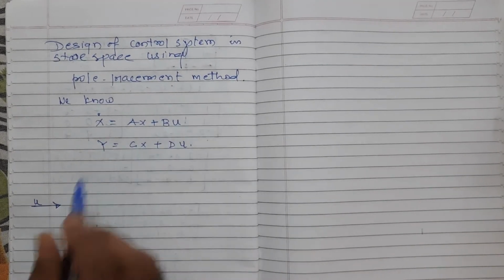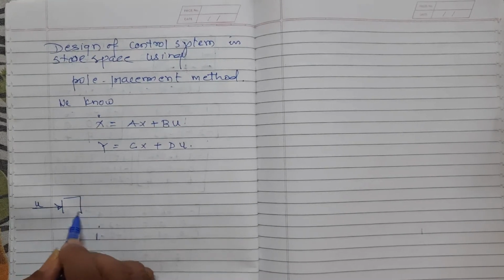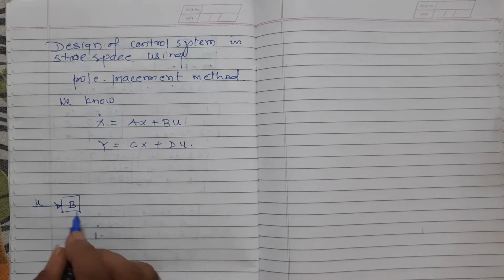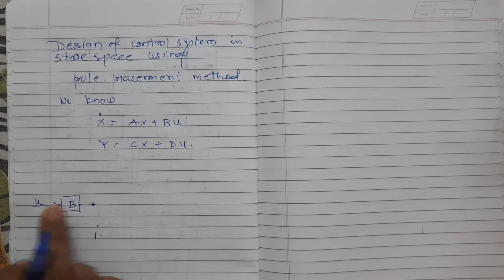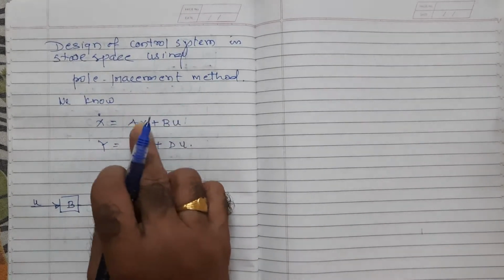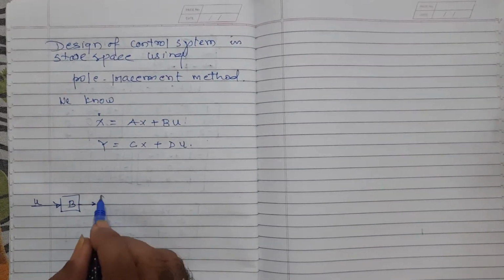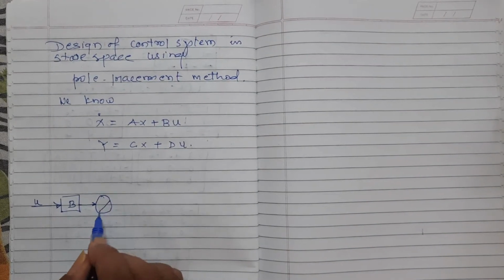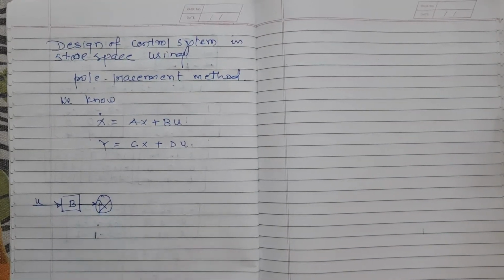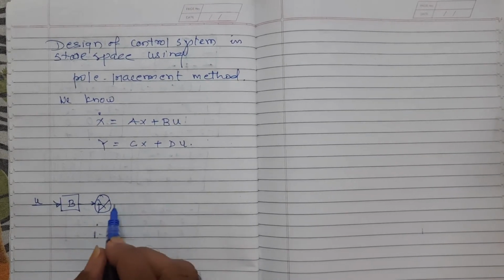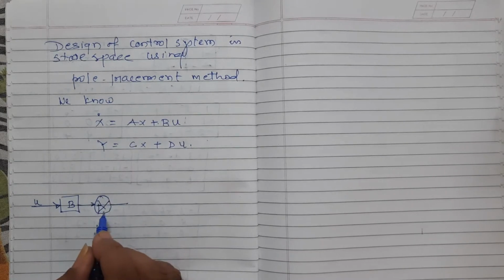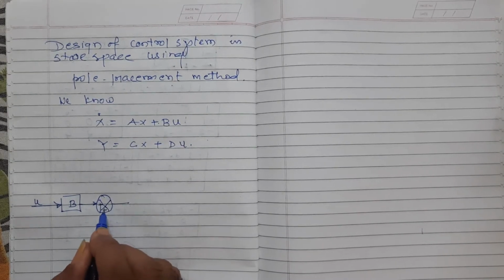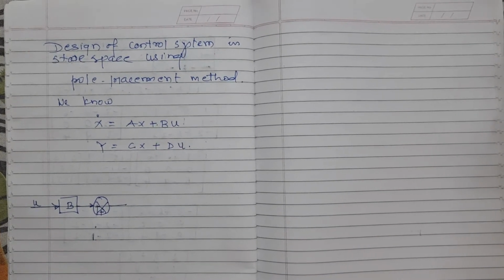This reference input is multiplied by b, so we put the block b here and get bu. Now we have to add this, so we put here the summation. Both are positive, so we put plus signs.